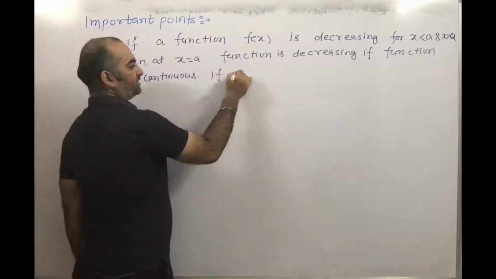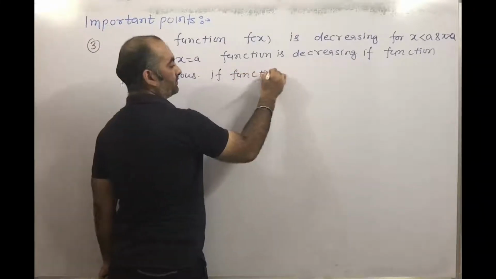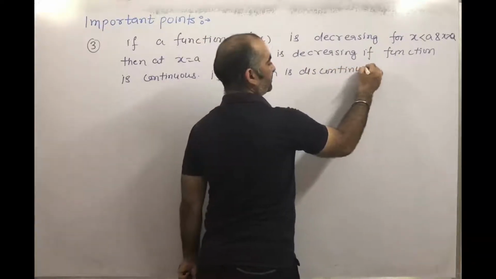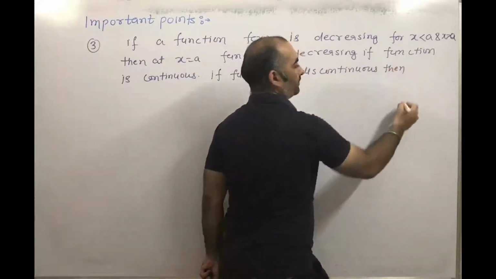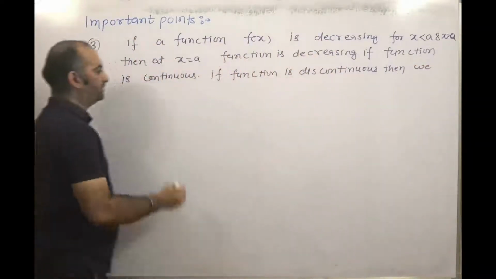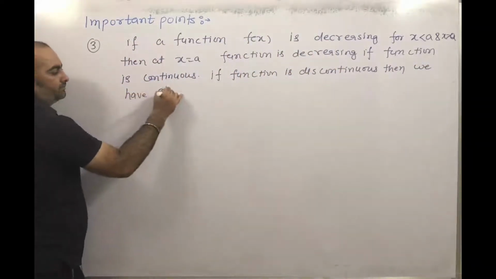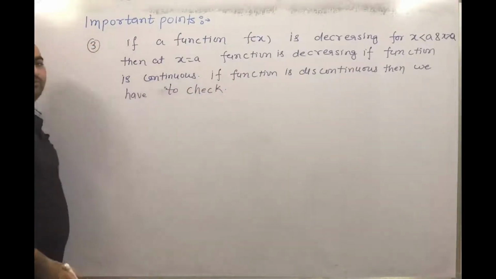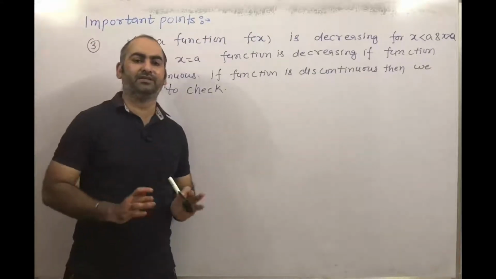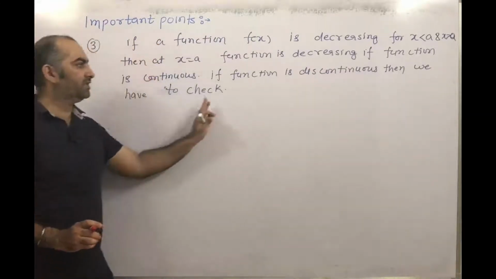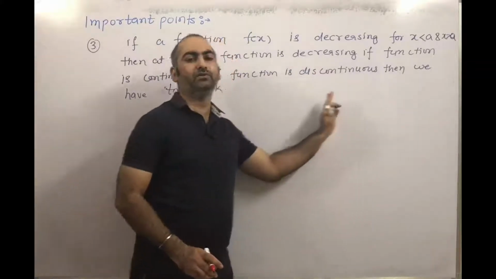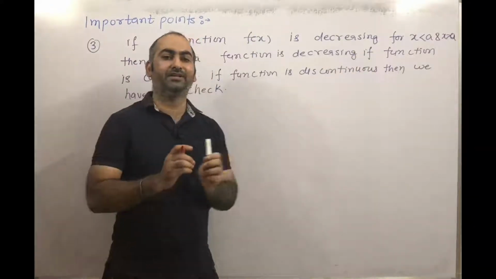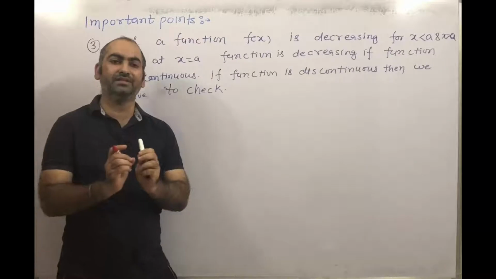If the function is discontinuous, then we have to check. Same as the second point. In the second point we discussed increasing; in the third point we are discussing a decreasing function. So for discontinuity at x equal to a, we have to check if it is continuous at x equal to a, and for x greater than a and x less than a the function is decreasing, so definitely at x equal to a also the function is decreasing.